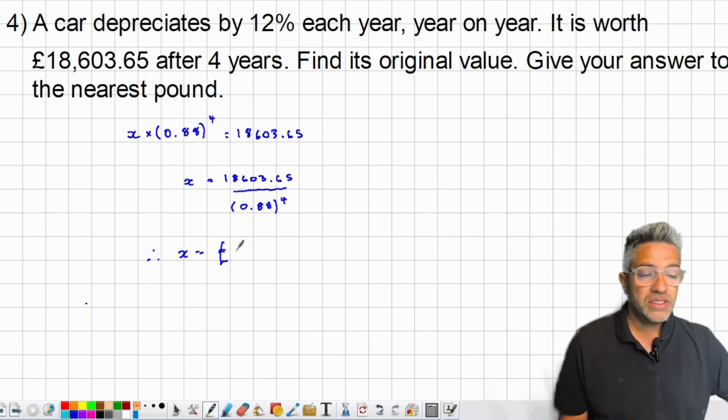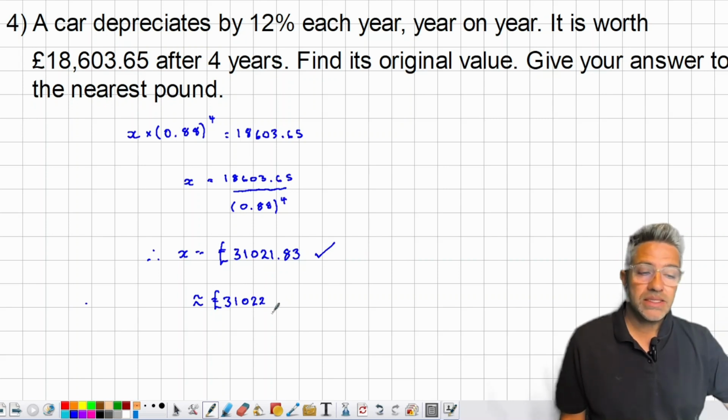So I'm getting £31,021.83. But we're being asked to give our answer to the nearest pound. So I'm just going to do the approximately sign. I'm getting approximately £31,022. There's our exact answer, and here is our answer to the required degree of accuracy.